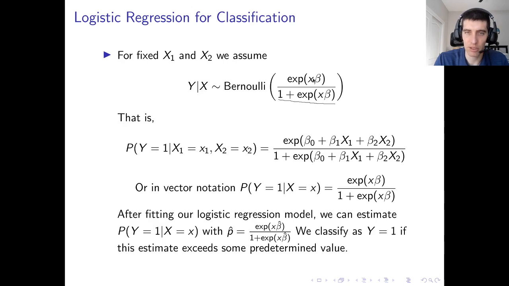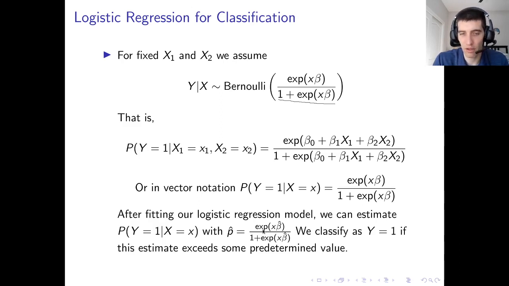I'm going to be able to take my beta hats that I've estimated, and say, okay, for this given x1 and x2, I can find this quantity, which is an estimate of the probability for that given x of being a 1. So if I can estimate the probability of belonging to class 1, I can guess whether this individual is classified as a 0 or 1.